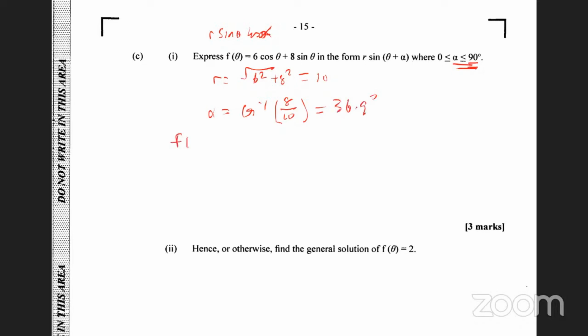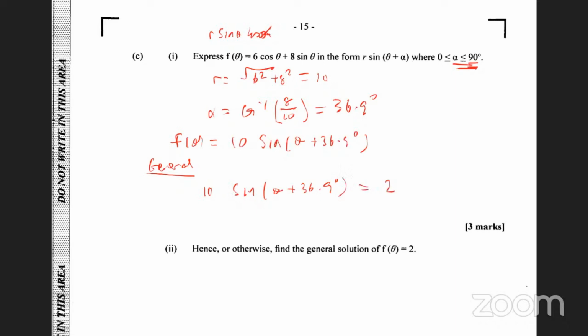So therefore, f of theta is equal to 10 sine theta plus 36.9, right? And they want the general solution, right? They want the general solution for 10 sine theta plus 36.9 is equal to 2, right?